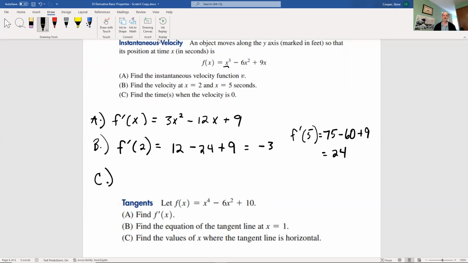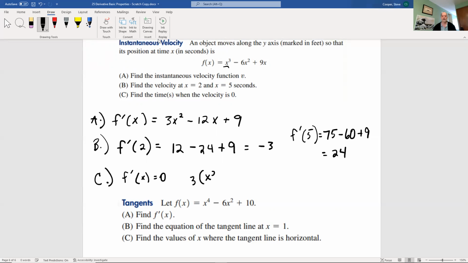Okay, so for C, we want to find the times when the velocity is 0. So we're just going to set f prime of x equal to 0 and solve. I'm going to factor out 3 here, and it should make this a little easier.